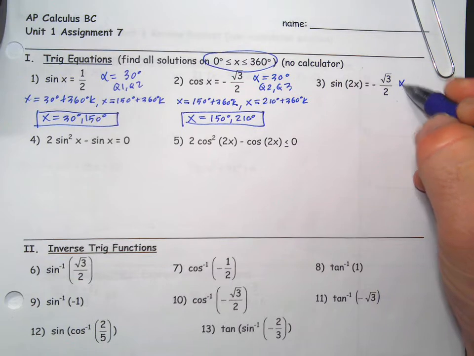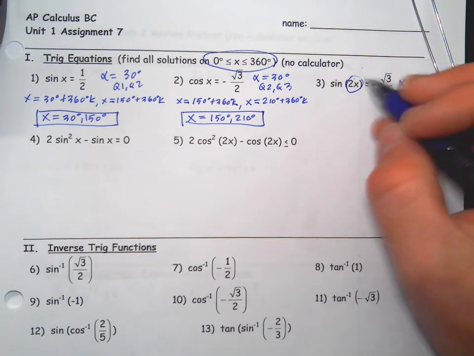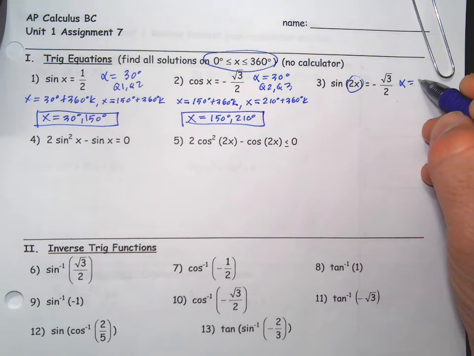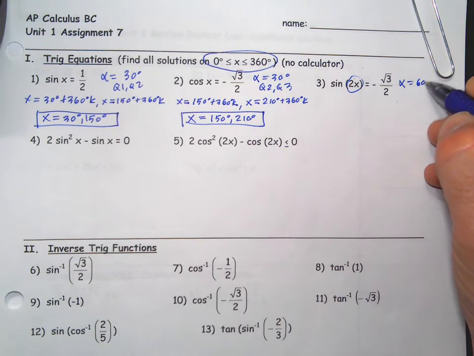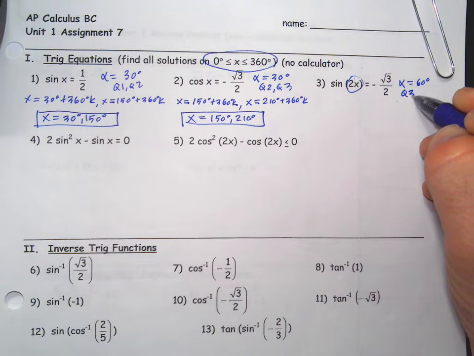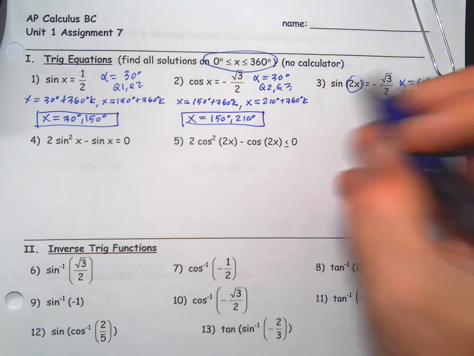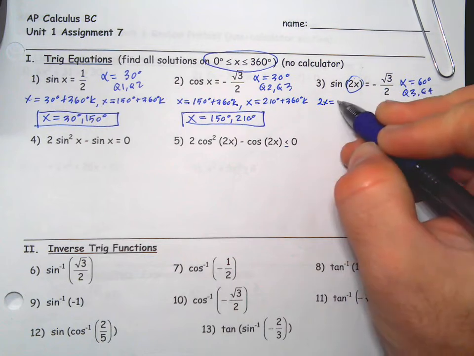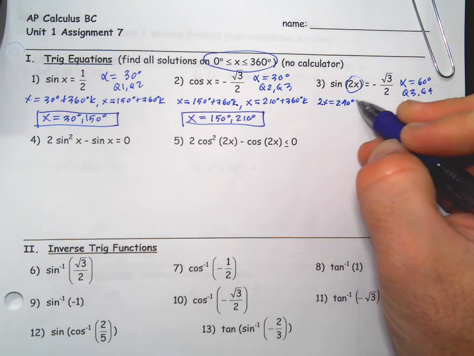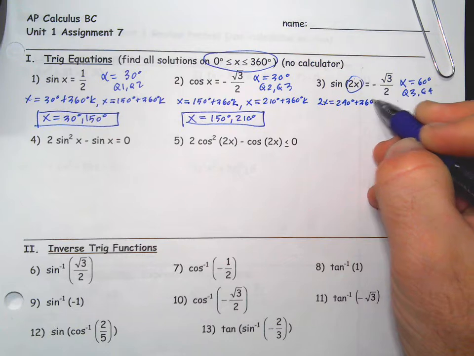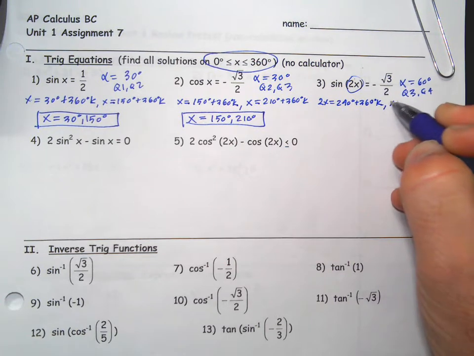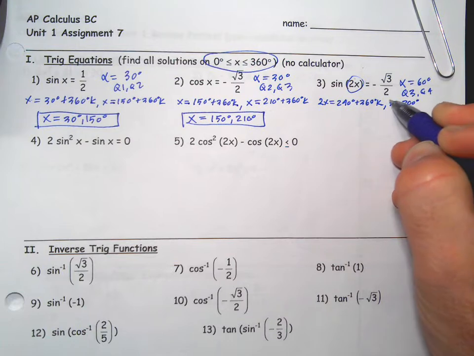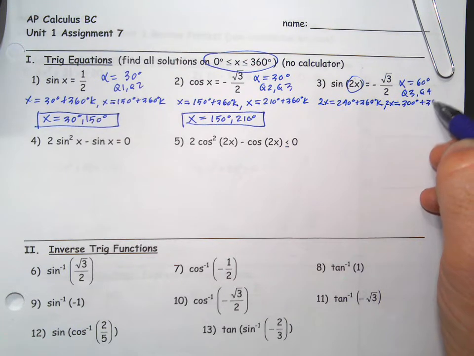Okay, when does sine equal, ignore the whole 2x thing, when does sine equal root 3 over 2? Positive, ignore the negative. That's at 60 degrees. When is it negative? Quadrant 3 and quadrant 4. So 2x equals, quadrant 3 would be 180 plus alpha, 240 plus 360k. And quadrant 4 is going to be 360 minus alpha, 300 plus 360k.